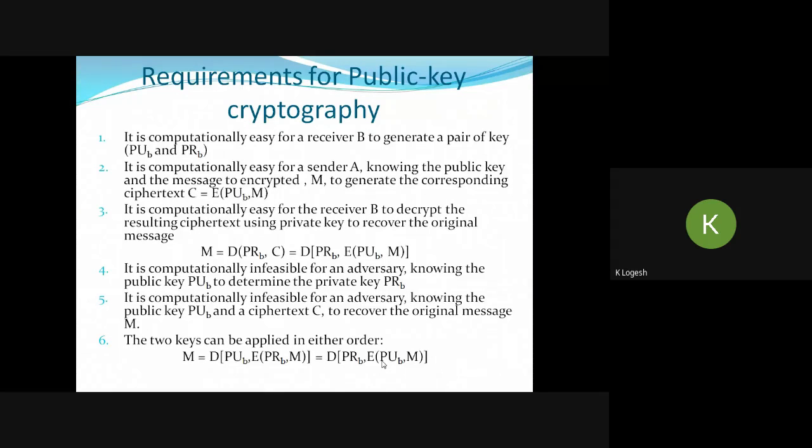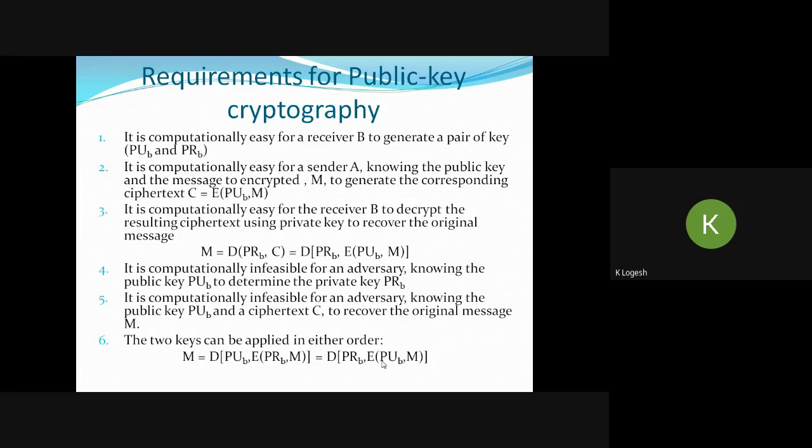The very first thing: it is computationally easy for a receiver B to generate a pair of keys. Here I mentioned receiver B, but not only the receiver; under a network, each and every user prepares or generates a pair of keys. One key is the public key, another is the private key.